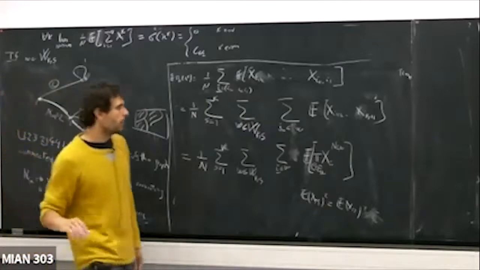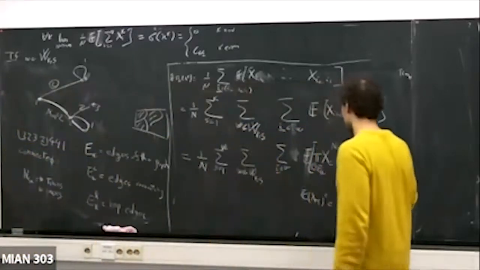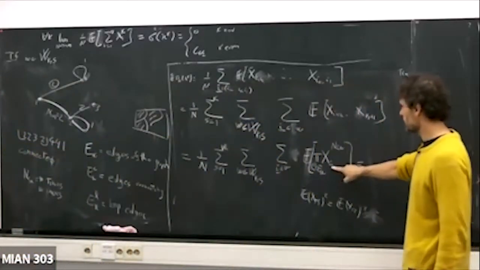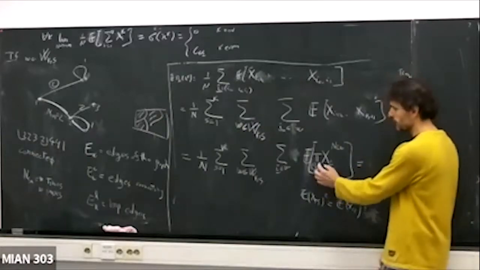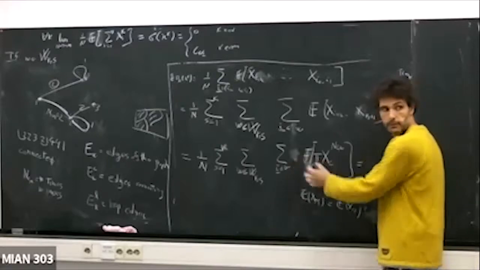Okay, but now, if you remember, first they are independent. So if the edges are not the same, the expected value of the product is the product of the expected values.